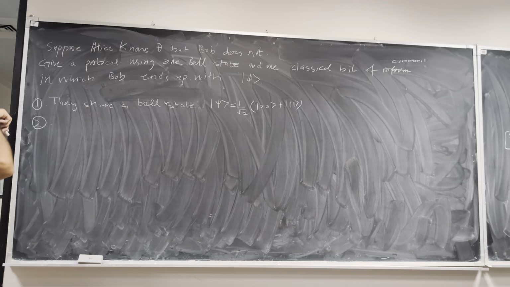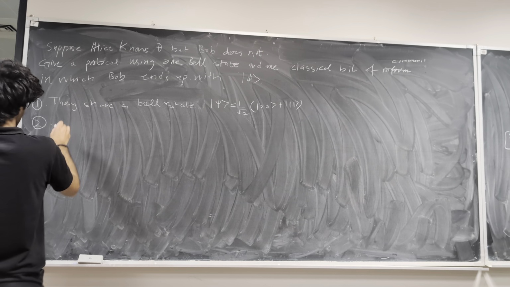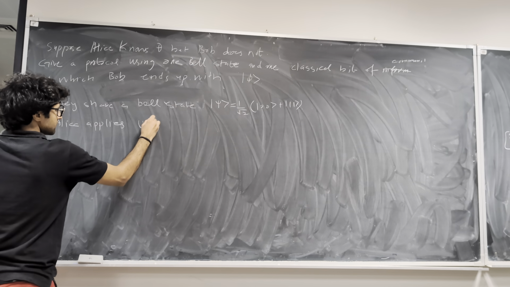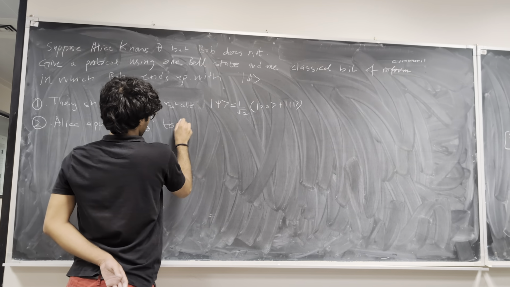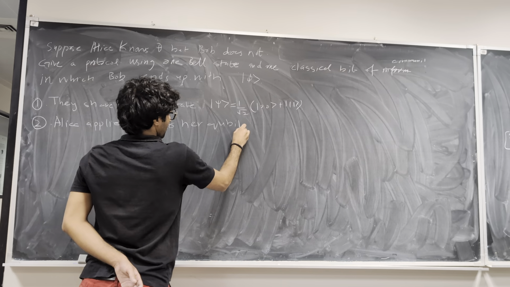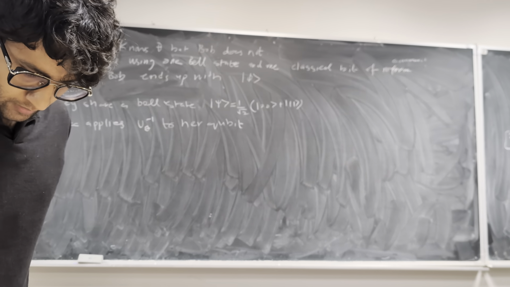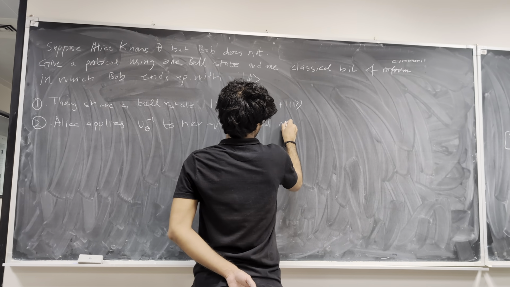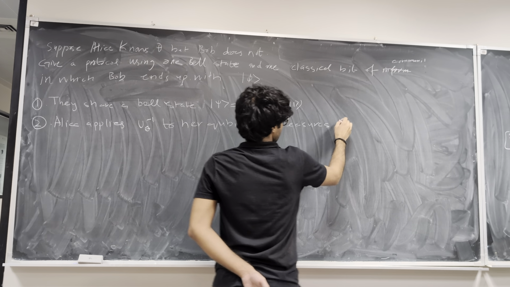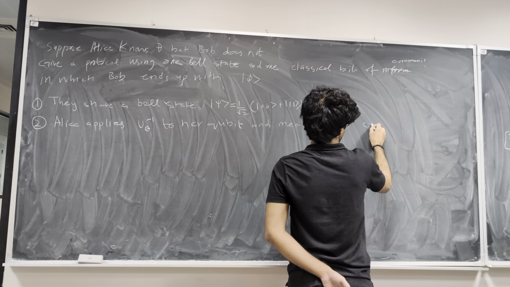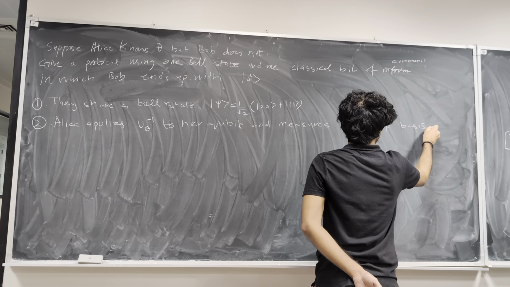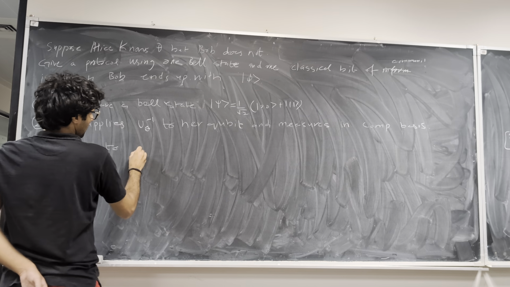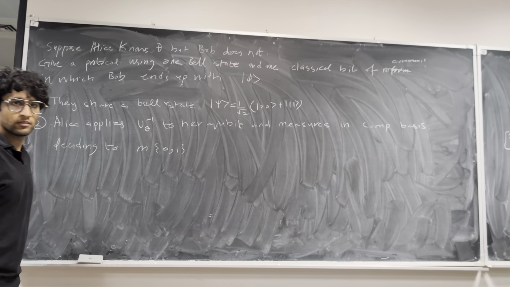Second, Alice apply करता है U dagger to her qubit और उनको मेजर कर लेता है। तो M या तो 0 होता है या 1 होता है मेजरमेंट आउटकम, राइट?